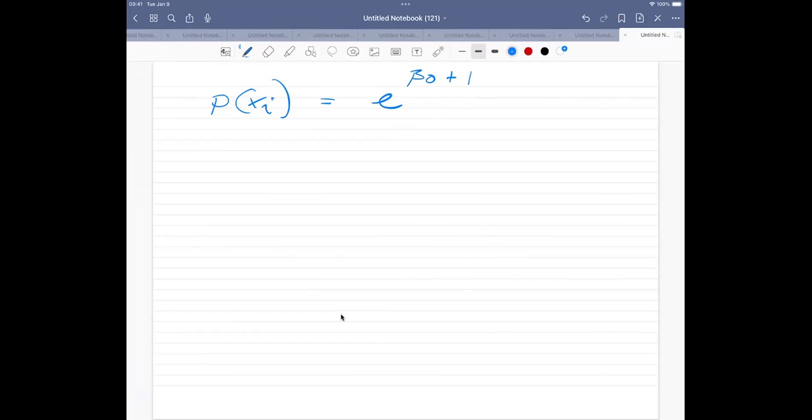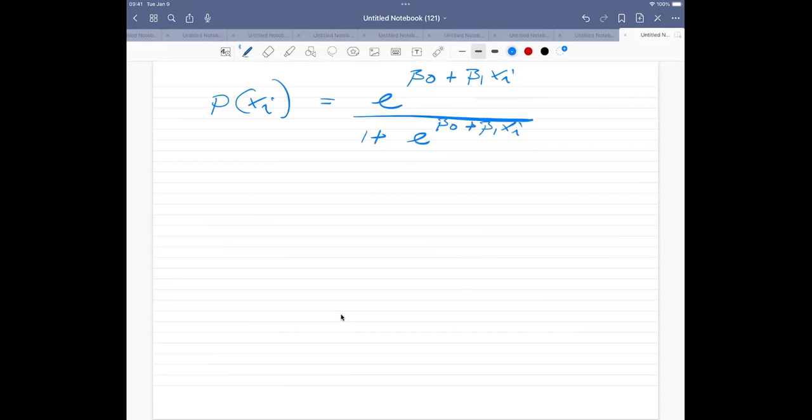So we could think of this as being a model where we have an e of beta 0 plus beta 1 of x of i over 1 plus e of beta 0 plus beta 1 of x of i. Now, this sigmoid function behaves like a probability. And when you plot this function, it's going to have this S shape.